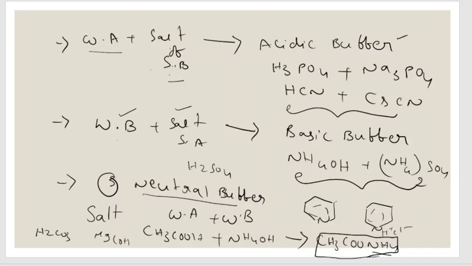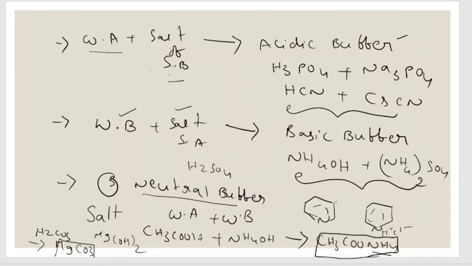It is a weak base, and the combination of these two is nothing but MgCO3, right? So the solution of MgCO3 definitely can act as a neutral buffer. Very important examples, these two, for the neutral buffer.